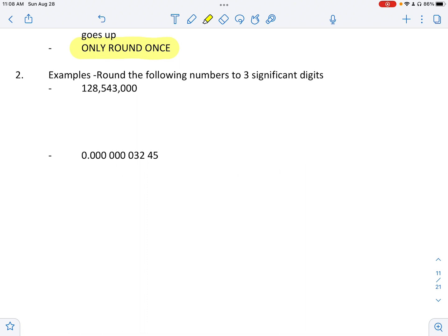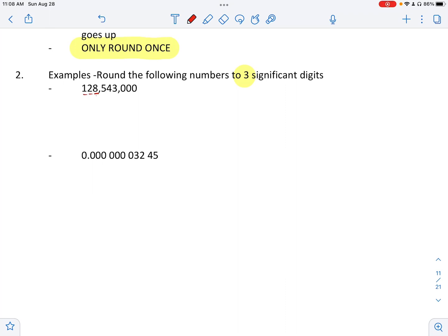So our first example says round the following numbers to 3 significant digits. So here we go. We have this number, 128,543,000, right? But we want to round it to 3. So what we do is we count starting left to right. In every number, we're going to start left to right, just like we read a number left to right. So we count 1, 2, 3.